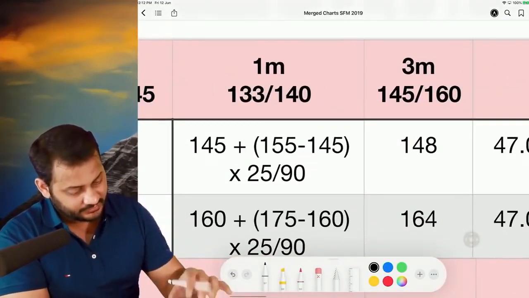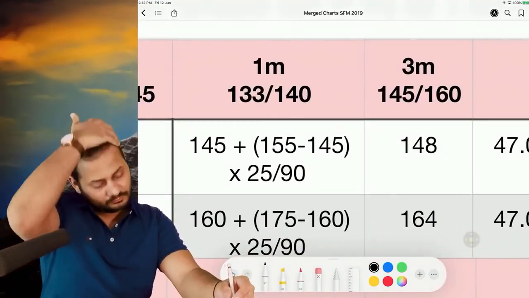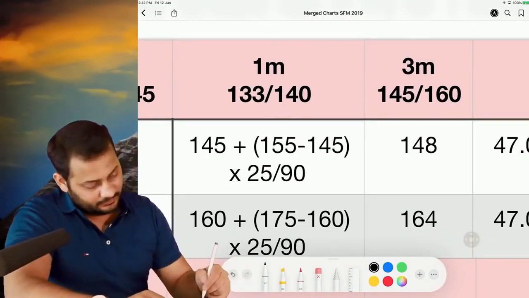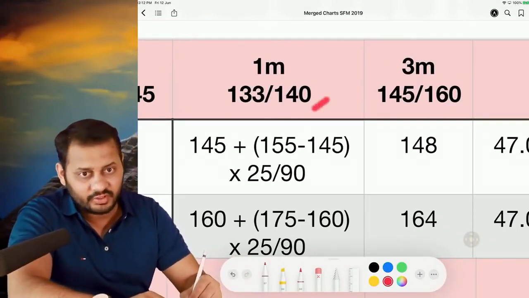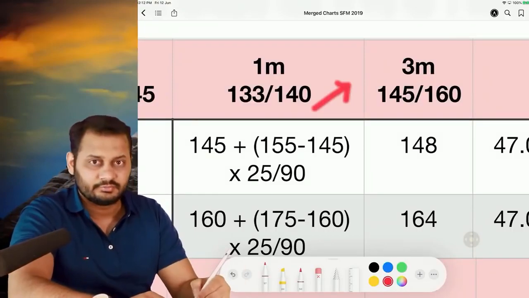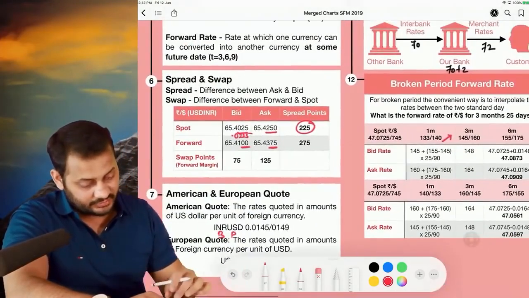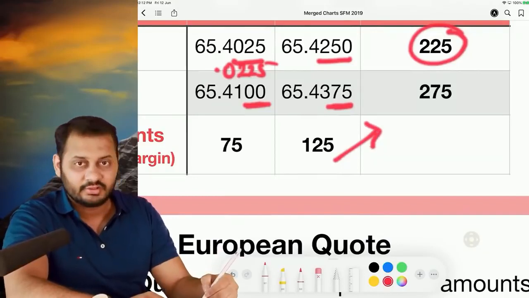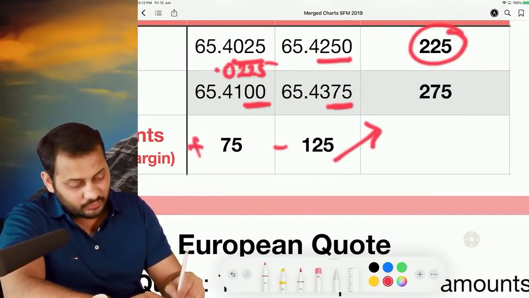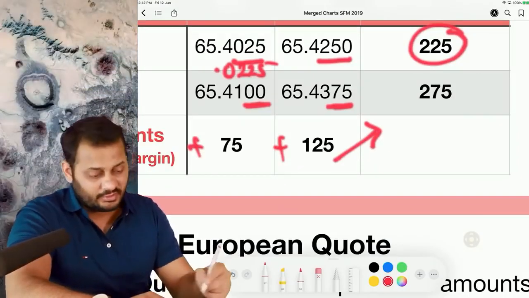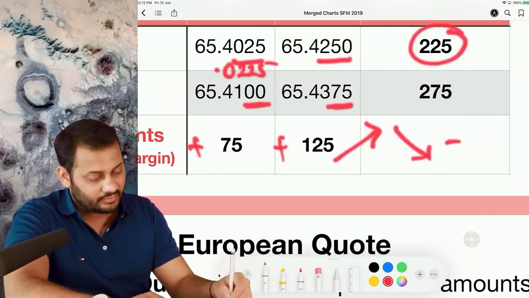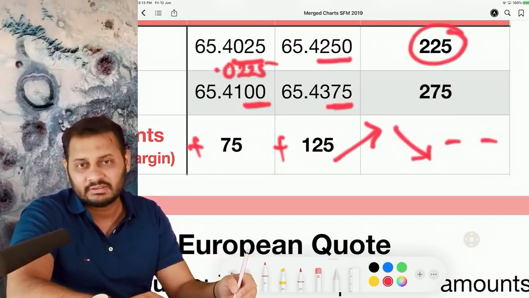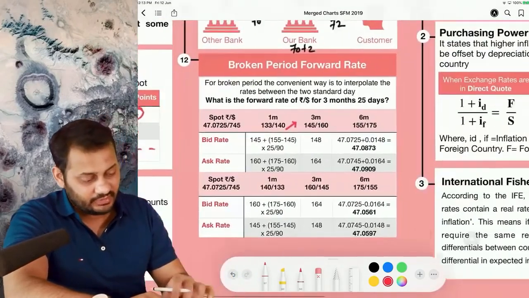So understand this. Please understand that 133 and 140 is in ascending order. This is something that I have not explained to you. 75, 125 is in ascending order. That means we need to add these points to the spot rate. If it had been in descending order, we would have deducted these points from the spot rate to arrive at the forward rate. Same thing will happen here.